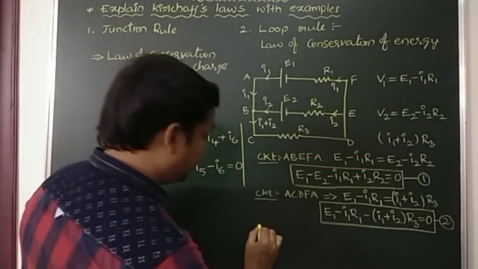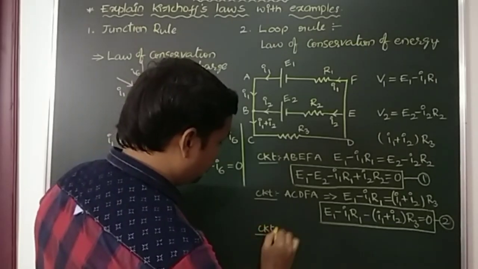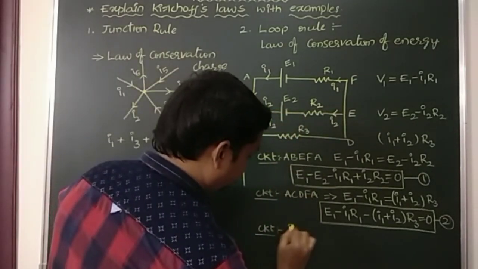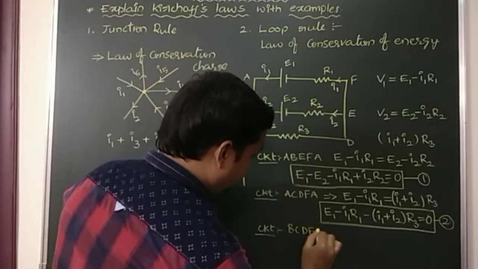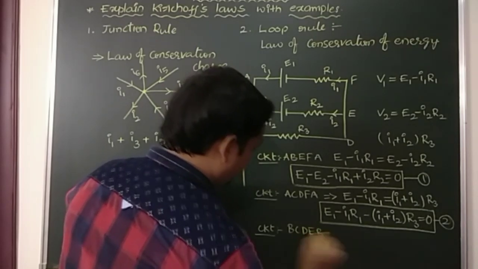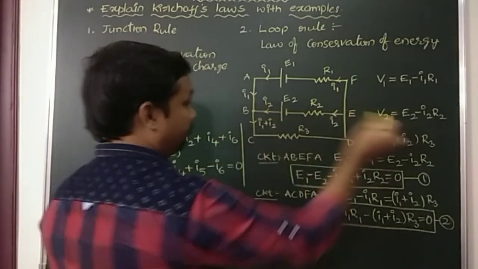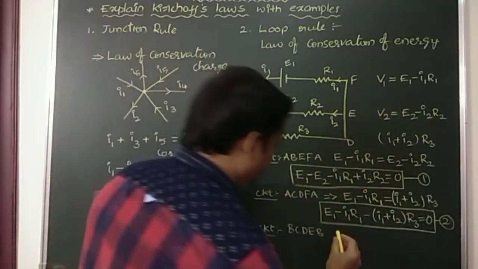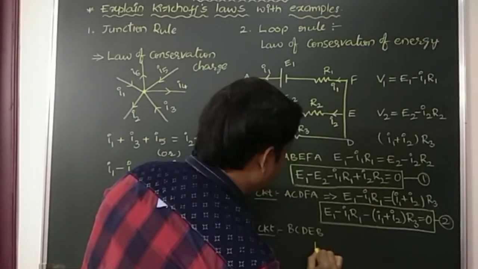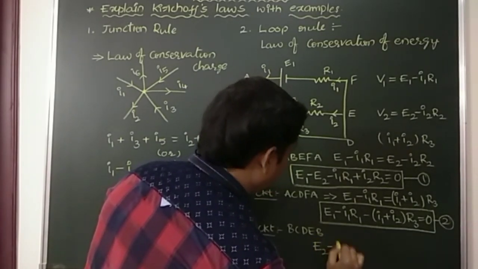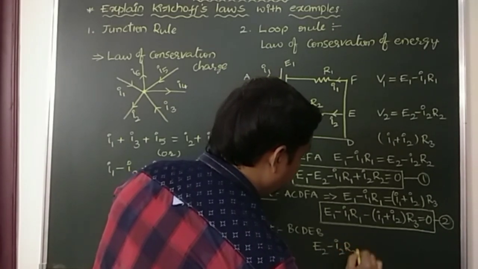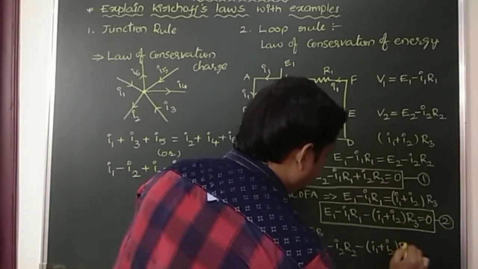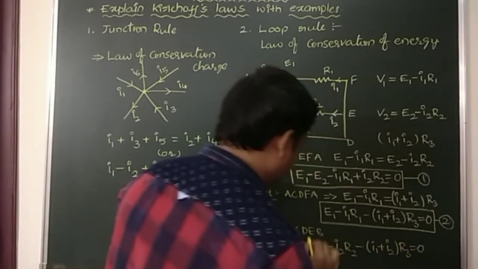And directly I will write the third one, with a similar process: the loop B, C, D, E, B. What you will get is E2 minus I2 R2 minus (I1 plus I2) times R3 equals 0.